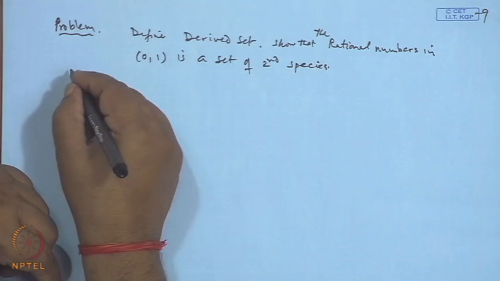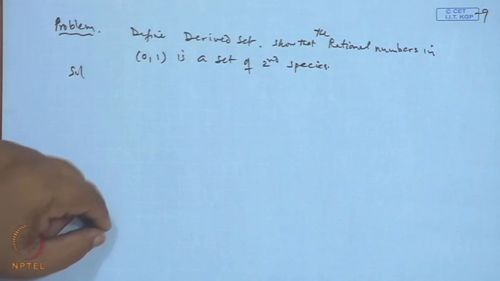So let us see first what the derived set is and what we mean by species.